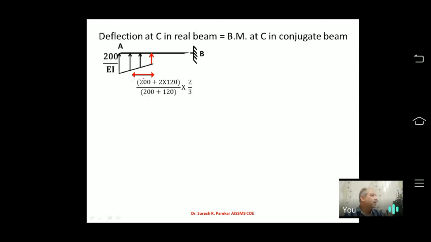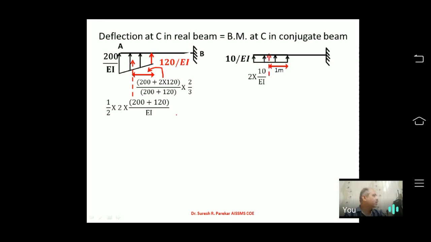Now what is its centroid? So we have 200, and here we have this value as 120. So 200 plus 2 into 120, because we are calculating the centroid, and then we are going to get this value, and then we have this 2 into 10 upon EI, so that is 1 meter. So actually here we have to take 120 plus 2 into 200, because we are taking this value from B, and that change we have to keep in mind.